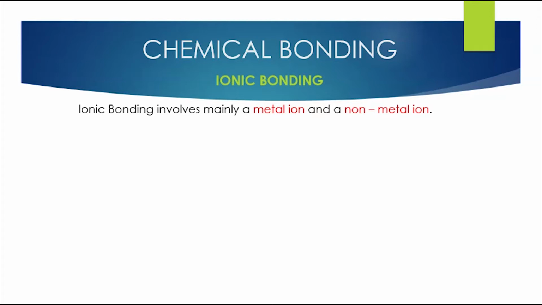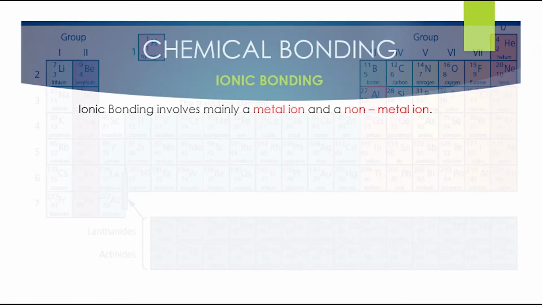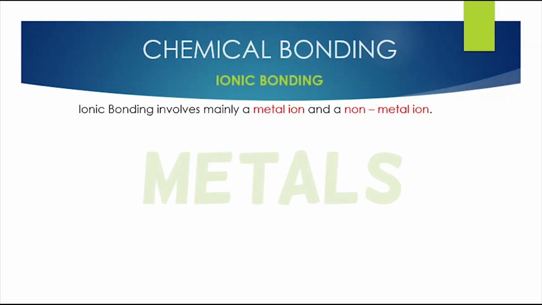In one of the lessons, we said elements in the periodic table will react to complement each other. So a group 1 metal can react very well and simply with a group 7. Why? Because we know that metals give electrons while non-metals receive. It's very important to know that.